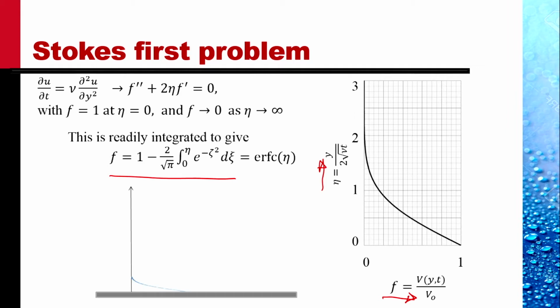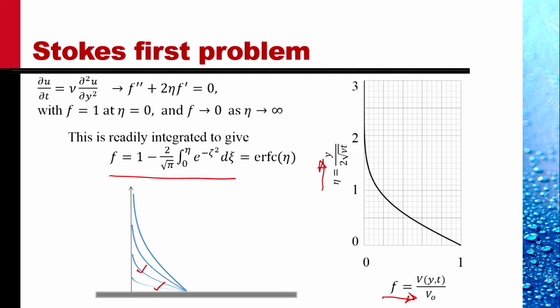So if we choose a small time, then the velocity profile in the flow would look something like this. For a little larger time, it now is this, and so on for still greater time.